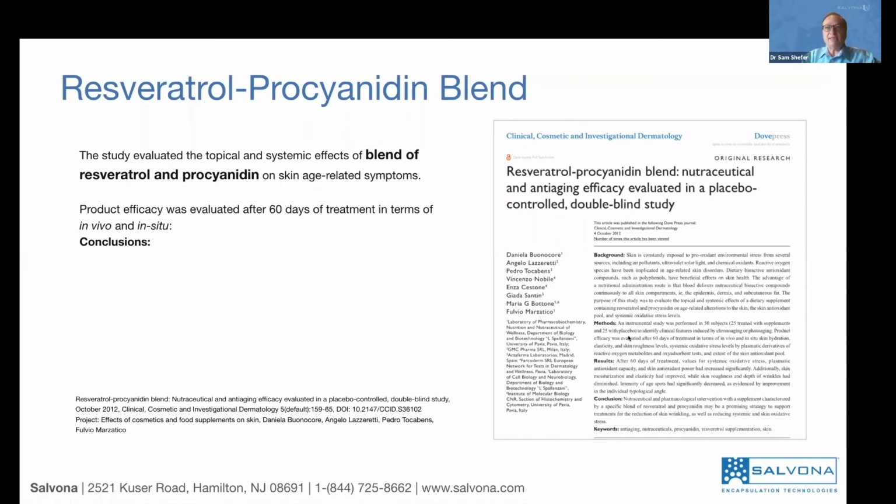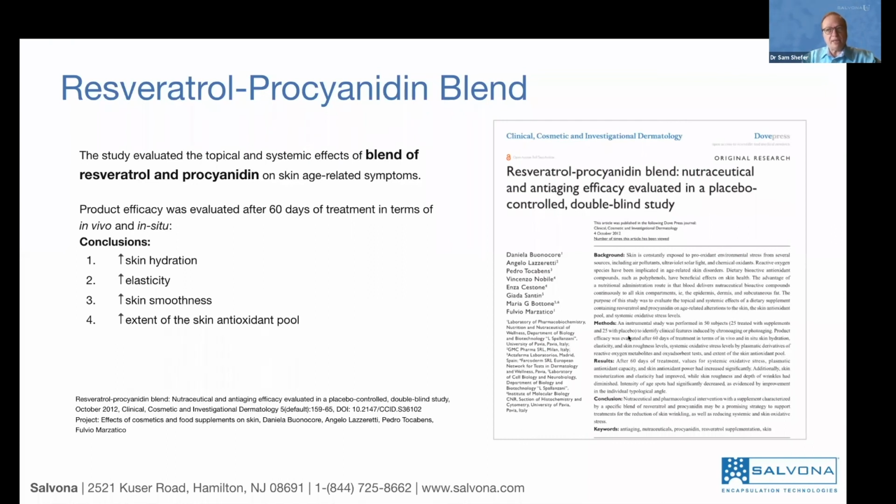The details of the papers are listed here, so one can look into this. This took about 60 days. It was in vitro and in vivo, and these are the bottom line, the conclusions. Number one, the level of skin hydration was up for those that were treated with the blend. Number two, elasticity of the skin was up. Number three, skin smoothness was up. Number four, the extent of the skin antioxidant pool was up.